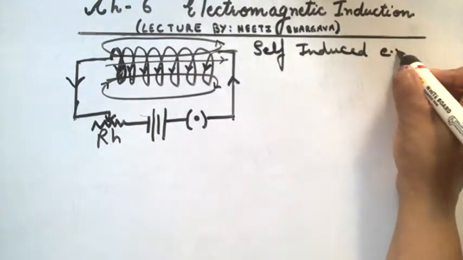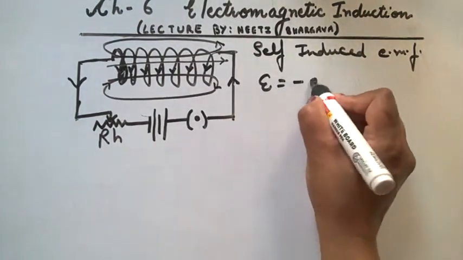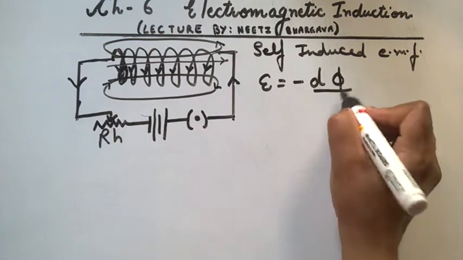Self-induced EMF can be calculated by Faraday's law, and it is equal to the rate of change of magnetic flux.